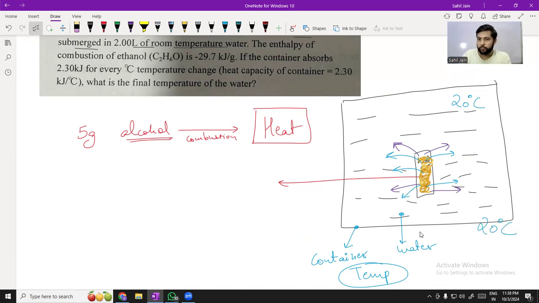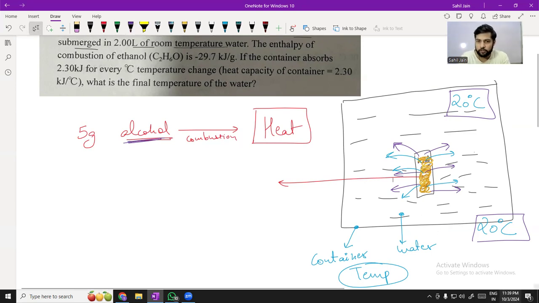That is the room temperature given to us. We can be sure of one thing, that in our question, we will be getting a temperature which is more than 20 degrees Celsius, because the ethanol, or say alcohol, which is combusting in this small vessel, will be giving out heat, and that heat will warm up the whole substance.